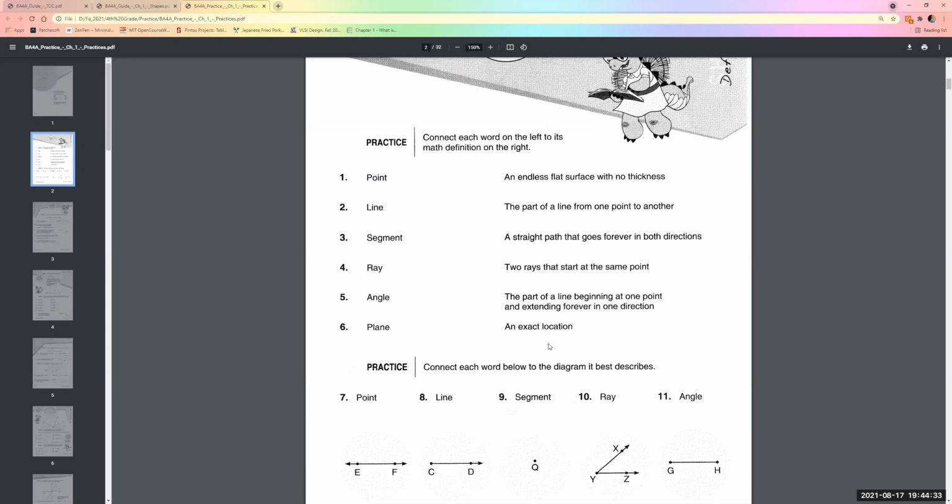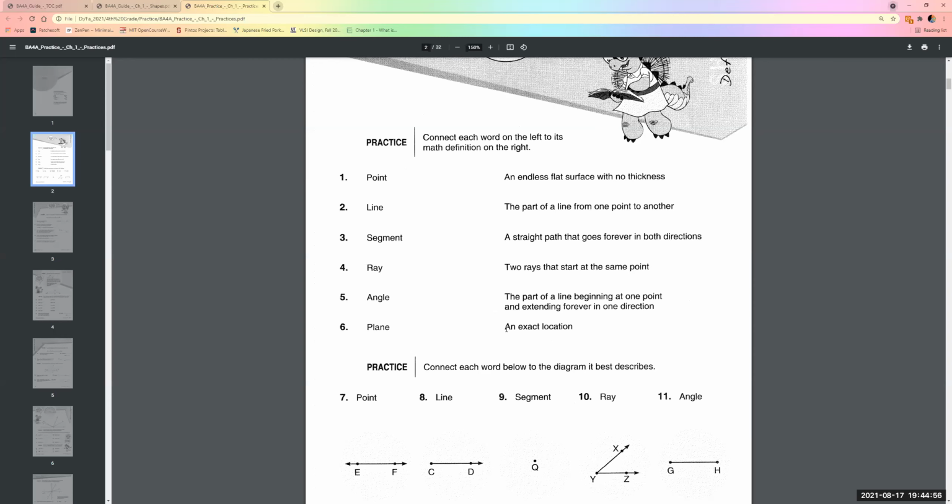Sure. So what is a point? Do you remember? An endless flat surface with no thickness. No, I mean, as in like, what's the definition of the point? An exact location. All right. So then this would be drawn here.